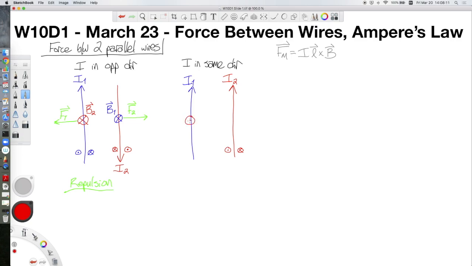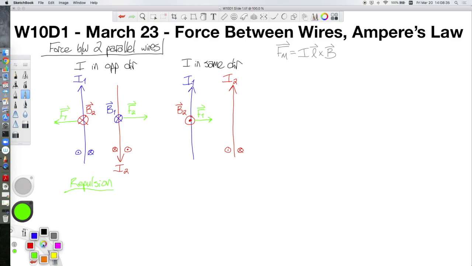So wire 1 is experiencing a magnetic field that I will call B2 because it's caused by wire 2, acting out of the board. So now we know the direction of our current, up, and the direction of the magnetic field experienced by that current, out of the board. Then we can determine the direction of the force, and that force will be, in this case, to the right.